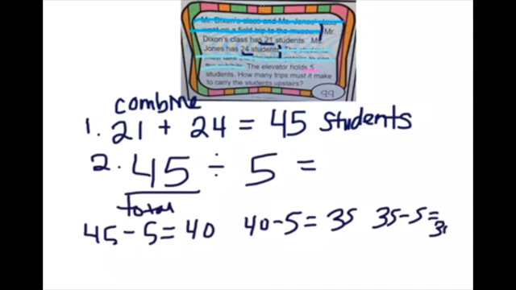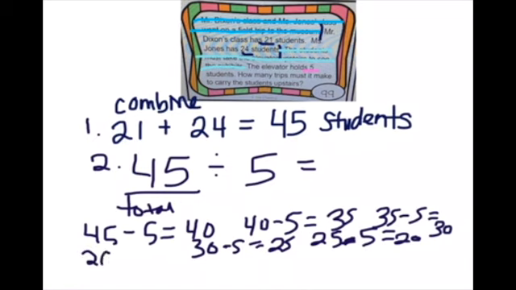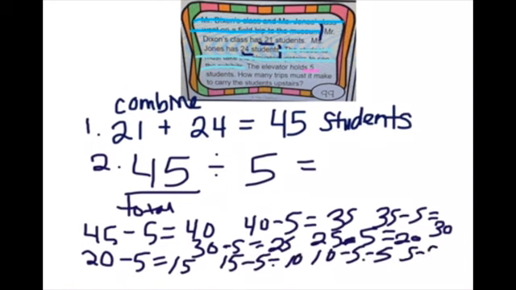And let's see, so far I'm at 30. 30 minus 5 is 25. 25 minus 5, oops, that is a minus sign, is 20. And then 20 minus 5, I'm running out of room. 15. 15 minus 5 is 10. 10 minus 5 is 5. And 5 minus 5 is 0.